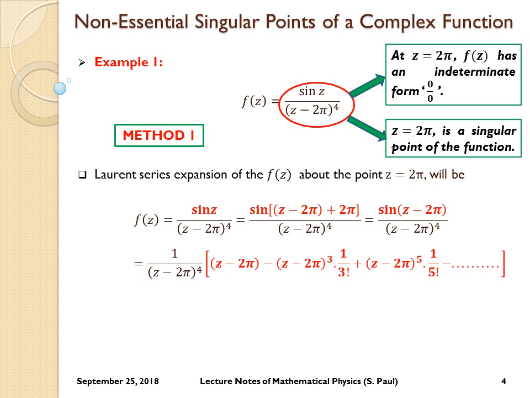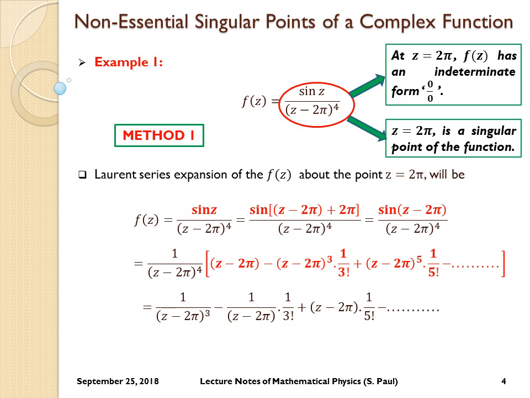Multiplying this entire series with 1 by (z minus 2 pi) to the power 4, we will get the final form of the Laurent series expansion of the given function about the point z equal to 2 pi.